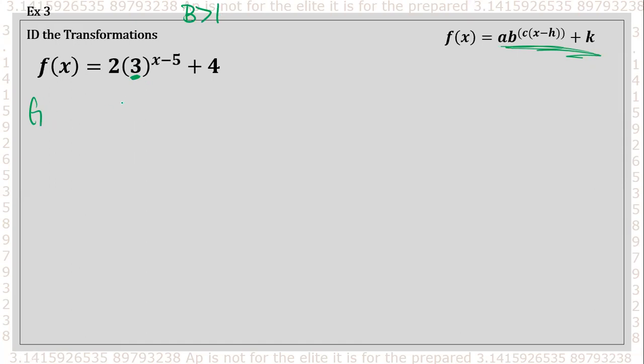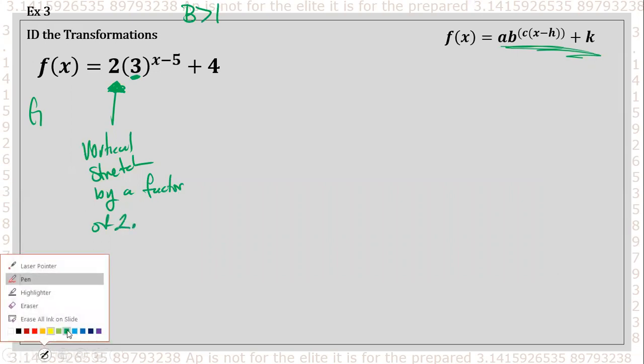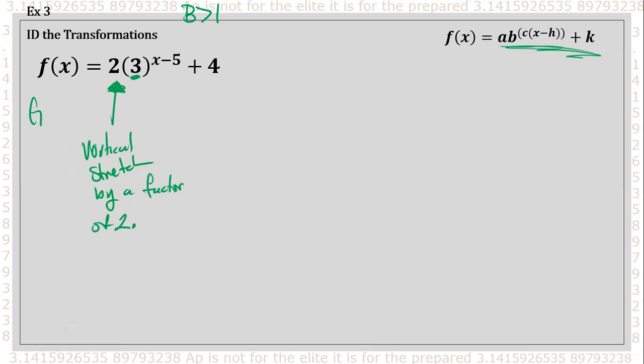The next thing we're going to notice is this 2 right here. This 2 is a vertical stretch by a factor of 2. Remember, if there is an a value in front of your function and it's bigger than 1, it's going to stretch it vertically.